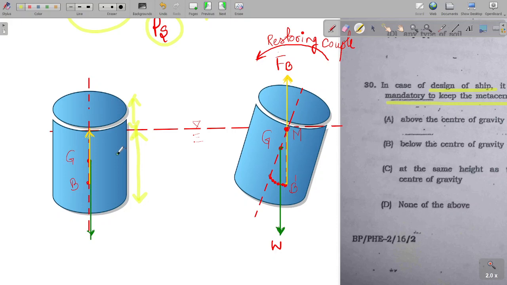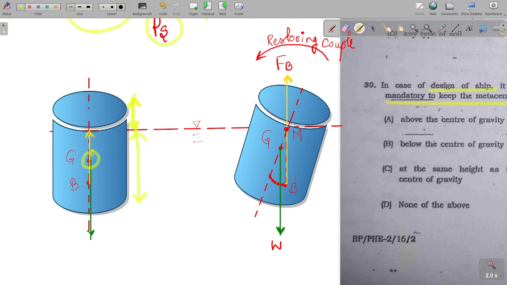So this cylinder has some part above the water surface, that is floating in the water.